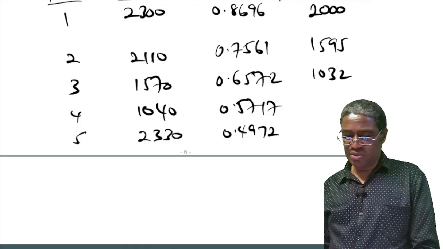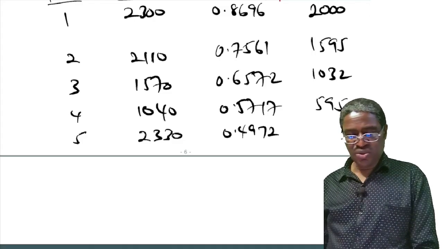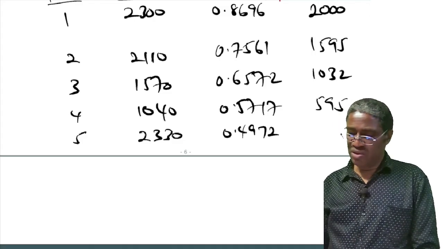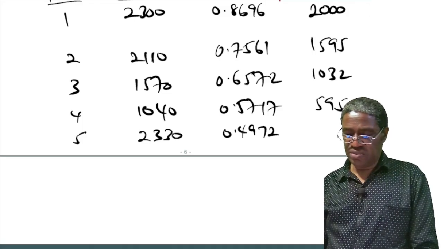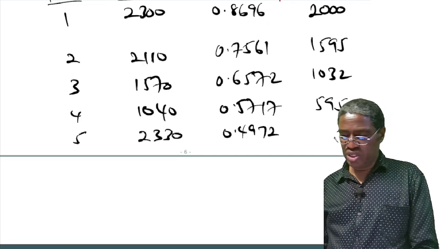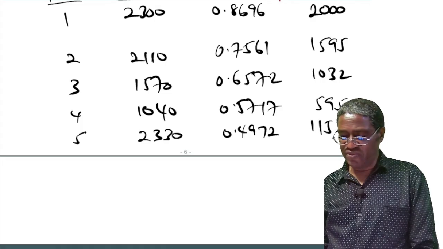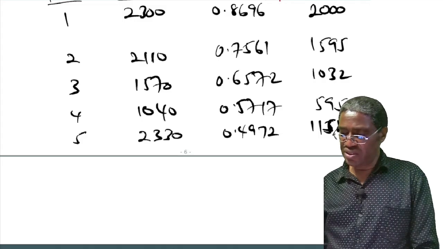That gives me 595 to the nearest whole number. Finally, 2,330 times 49.72. To the nearest whole number, it comes to 1,158.